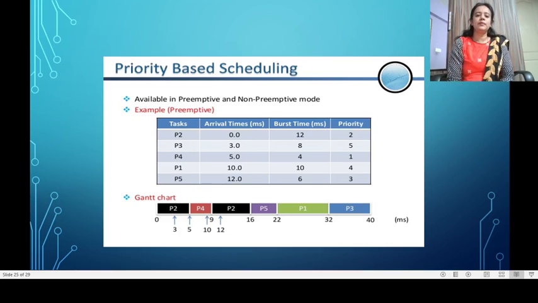It is also available in preemptive and non-preemptive mode. This is the preemptive mode explanation of a process. P2 has priority 2, P3 has 5, P4 has 1, P1 has 4 and P5 has 3. Depending on their priority, they are given a chance to execute.